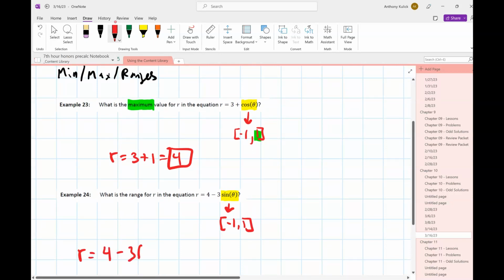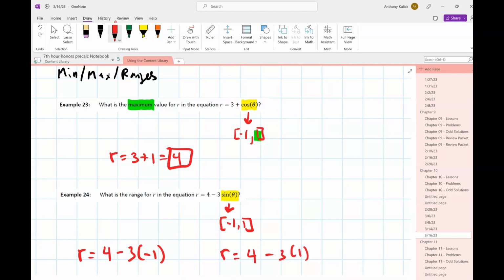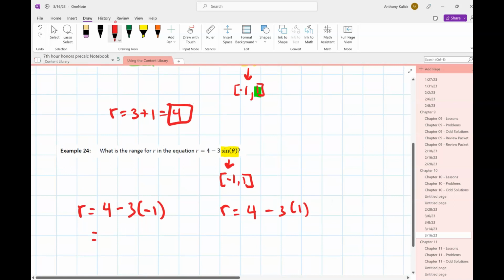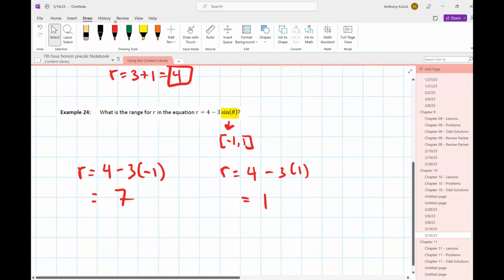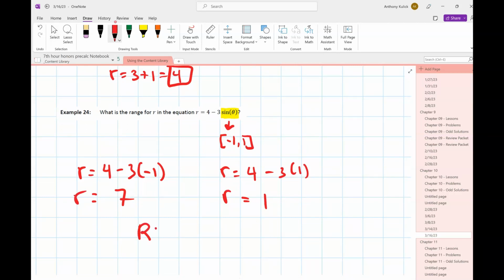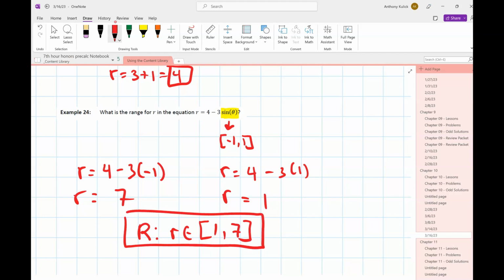So my possible outputs for r, or the extrema for r, are going to be 7 and 1. So my range then is just the interval from 1 to 7, minimum to maximum.